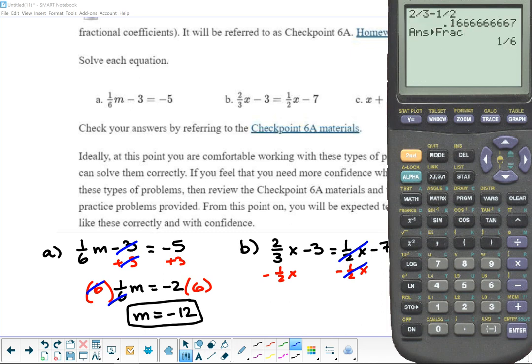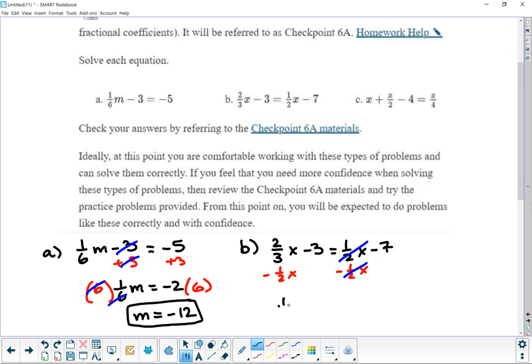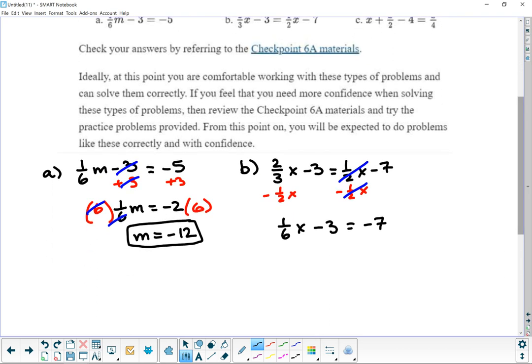I'm going to change it to a fraction, and it's going to be 1/6. So 2/3 x minus 1/2 x makes 1/6 x minus 3 equals -7. Okay, I'm going to go ahead and add 3. 1/6 x equals -4. And go ahead and multiply both sides by 6, or you can say 6 over 1. You get x equals -24.